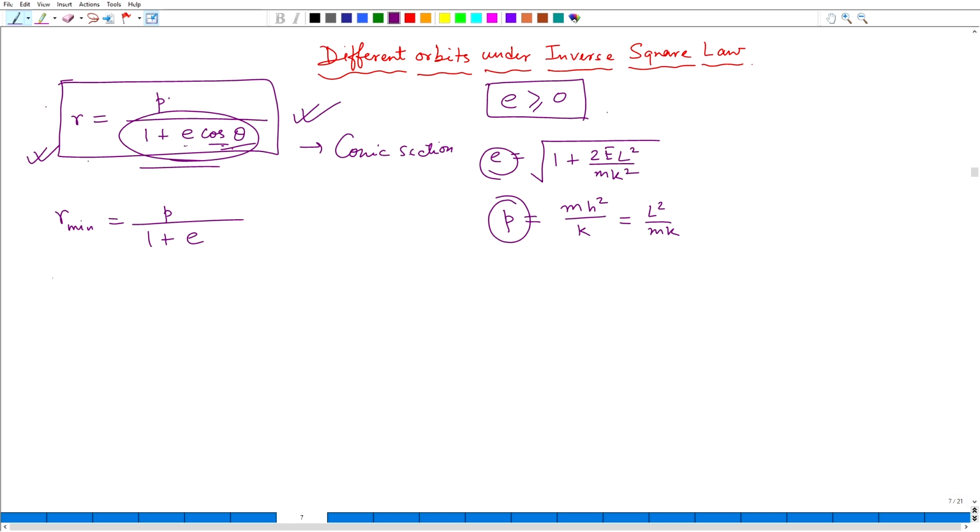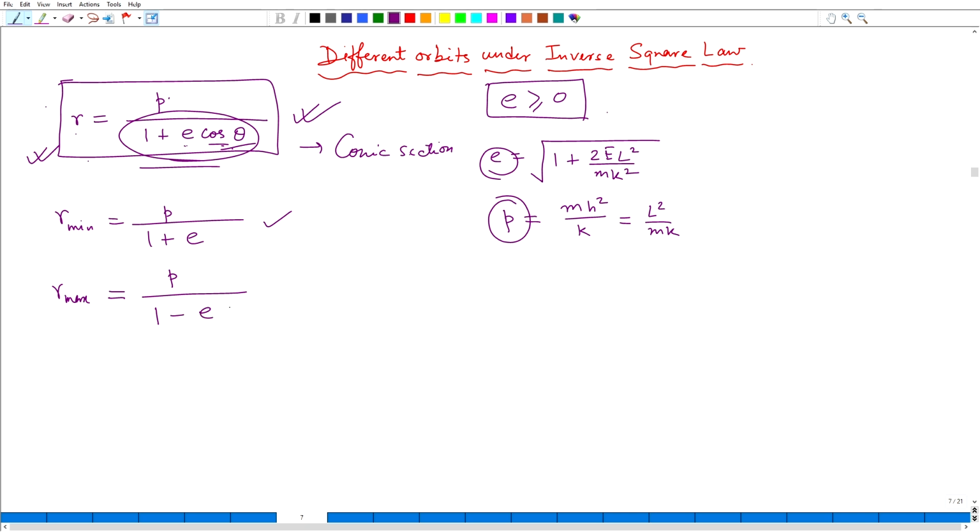I can go for the r max. Now, r max is equal to p by 1 plus e cos theta, where cos theta should be minimum. This is just the opposite of the previous case. So, this will be minus 1 and I will have p by 1 minus e.